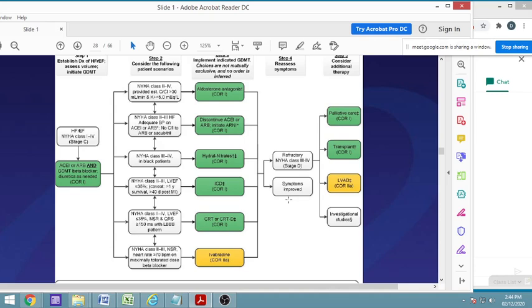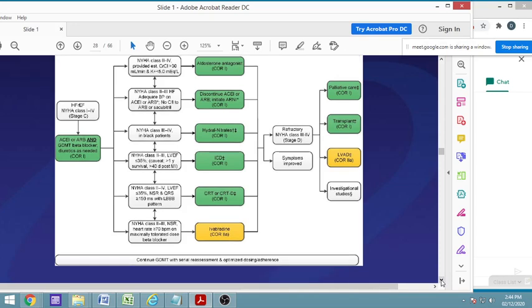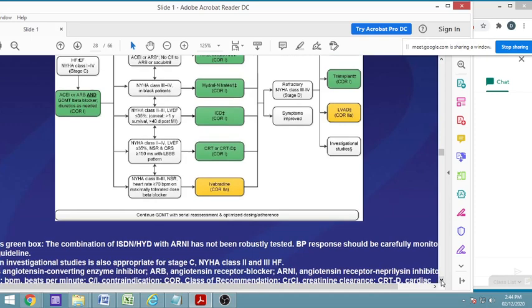Then go for transient activities. Then check the left ventricular EF, that is another one, and go for investigational studies to see what changes have happened. So this is how the guideline based or guideline derived treatment we are making.